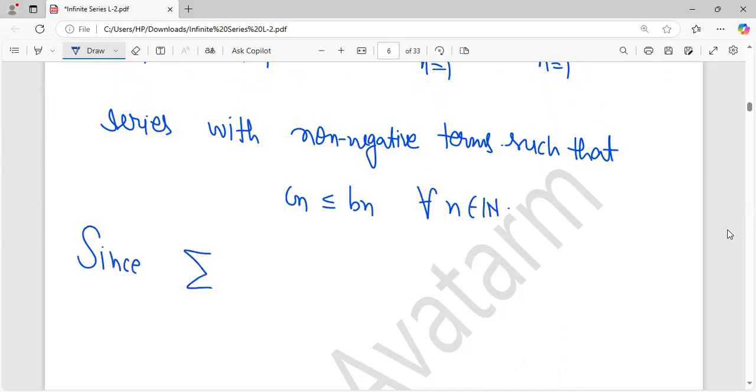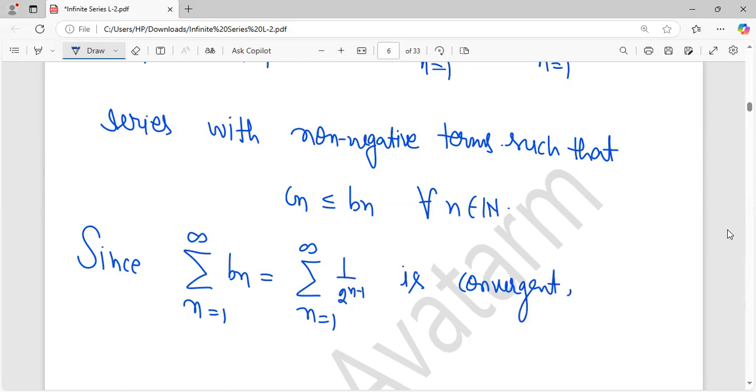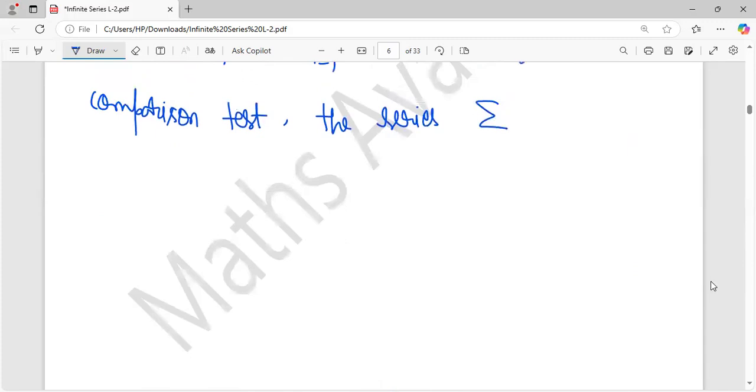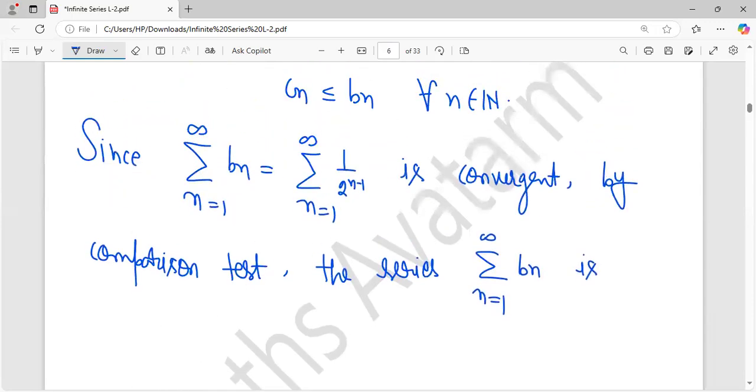Since the series summation n goes from 1 to infinity of b_n, that is 1 upon 2 to the power n minus 1, is convergent, by the comparison test, the series summation of c_n is convergent.